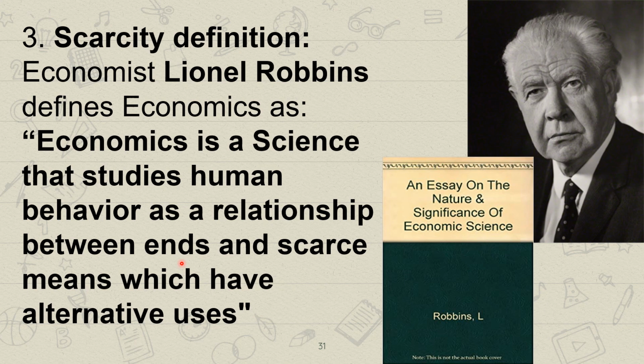So we are trying to study the relationship between wants and scarce means or resources. But these resources have alternative uses. Whereas ends or wants are unlimited, means or resources are scarce in relation to their demand. So they have to be put to other uses, and the best use has to be selected. This is what Lionel Robbins says that economics is all about.